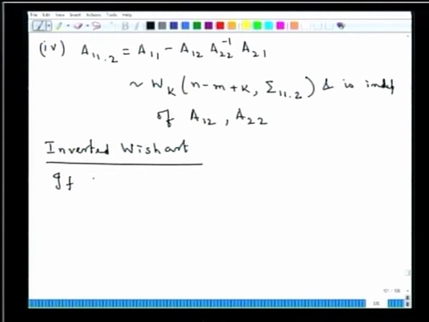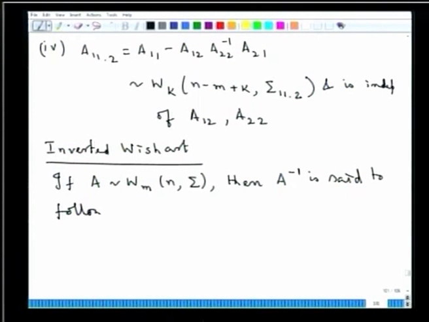If A follows a Wishart distribution, Wishart m n sigma, then the inverse of this random matrix, that is A inverse, is said to follow an inverted Wishart distribution. This inverted Wishart would also lead us to an unbiased estimator of sigma inverse, which we are going to see shortly.